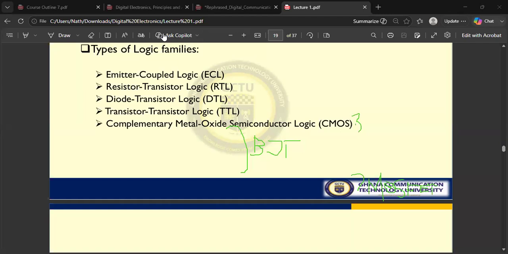So there are some characteristics of CMOS over the other logic families.